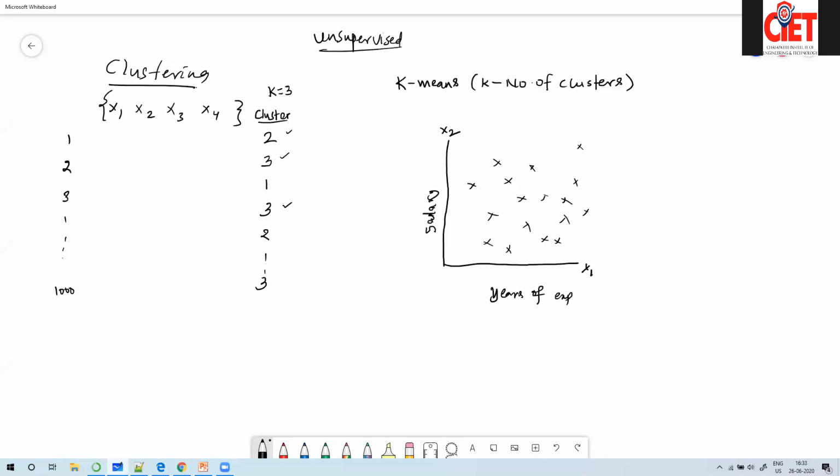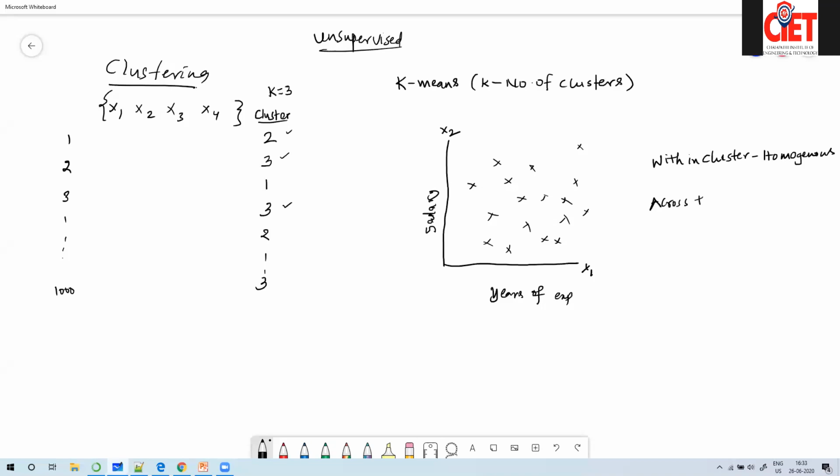Remember, when we are trying to divide them into clusters, we want the clusters like this. Within the cluster, all the observations have to be similar. We call this homogeneity. Within a cluster, all these observations are very similar. They should exhibit similar characteristics.